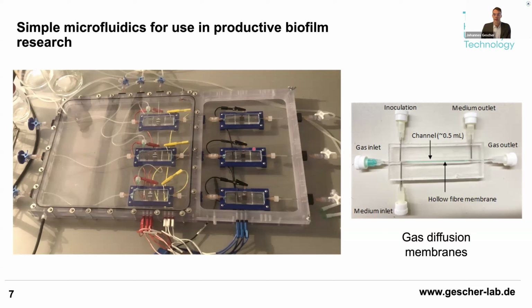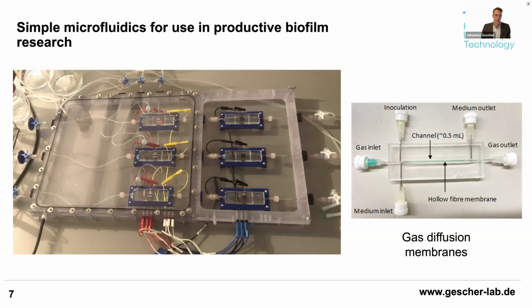So in a lot of projects, we start the projects with using very robust microfluidic technologies, and these are two examples of this. This is a so-called bioelectrochemical setup. Here is a microfluidic chip. The chip has a volume of roughly 300 microliters.